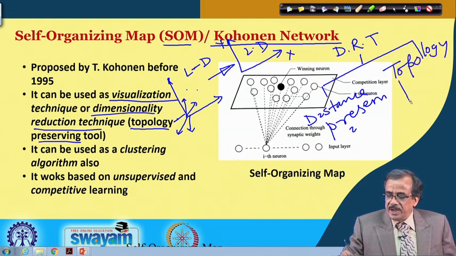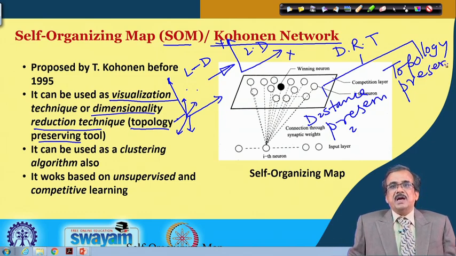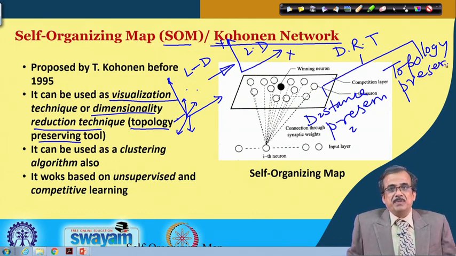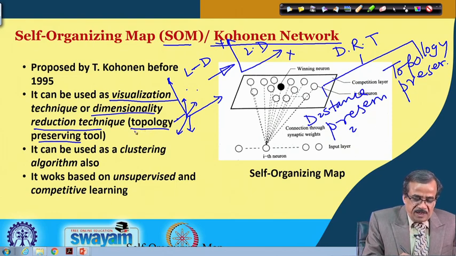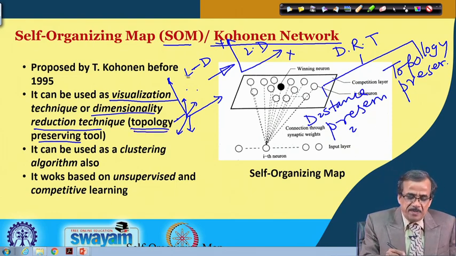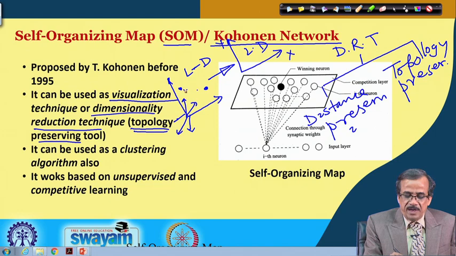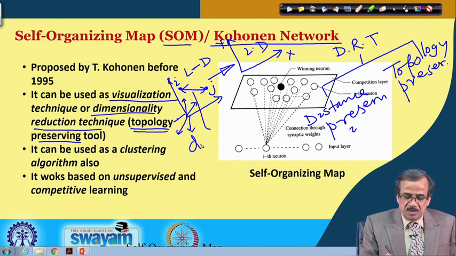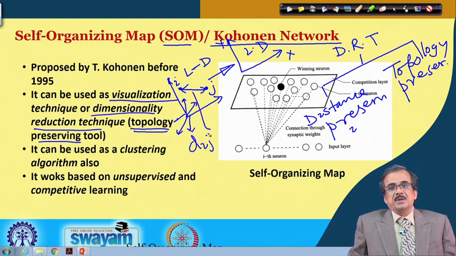Now, let us try to find out the difference between the distance preserving tool and the topology preserving tool. By distance preserving tool, what we mean is, in a higher dimension, if I consider 2 points, one point is here, another point is here, we can find out the Euclidean distance between them. Supposing this is point i and this is point j, and this particular distance is nothing but say d_ij.